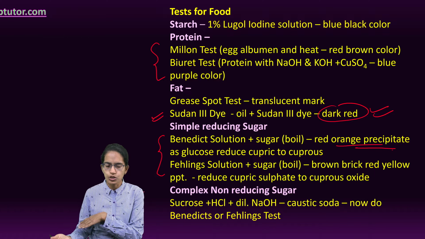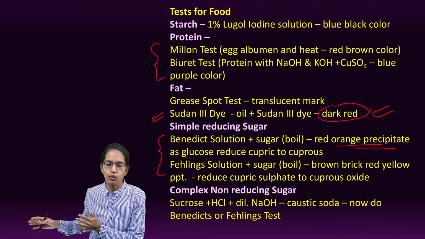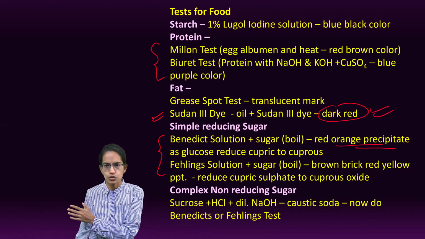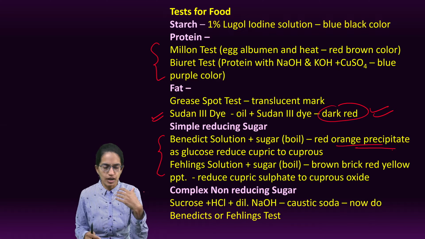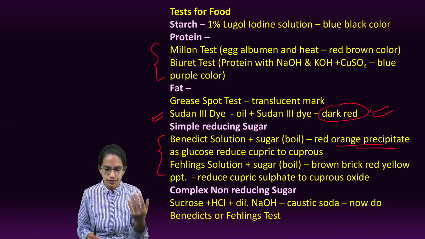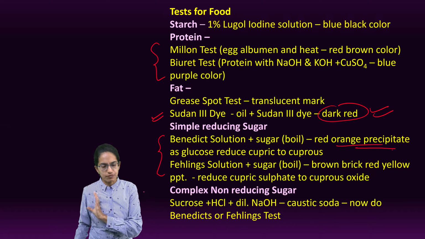So ultimately you use the Benedict test and Fehling test, but you simplify that complex sugar into simple reducing sugar first.